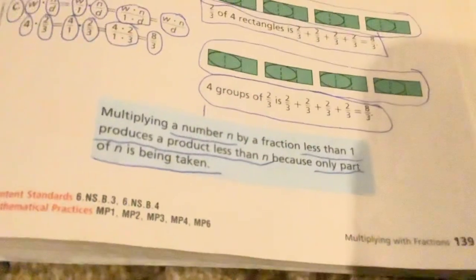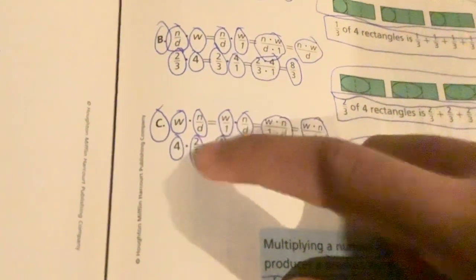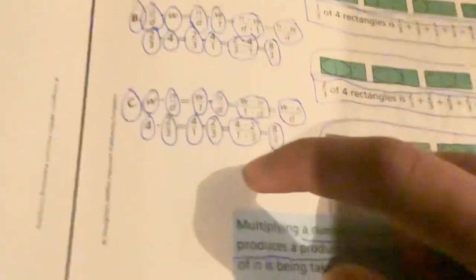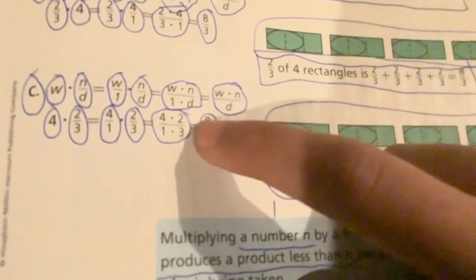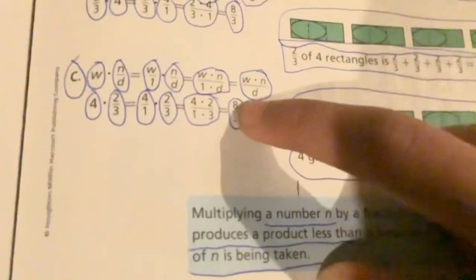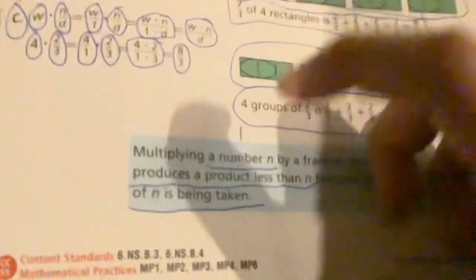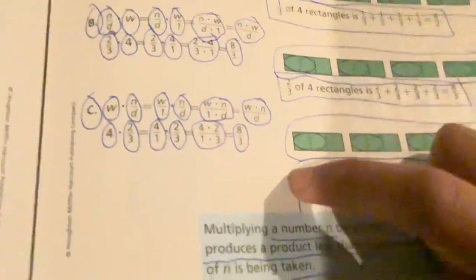Yes. So, only part of n is being taken. This means that only part of 2/3 is being taken. Because if we look here, 4 wholes times 2/3 equals 4 times 2 over 1 times 3, which equals 8/3. That represents only one part of n being taken. So, the product is less than n. So the product is less than 2.